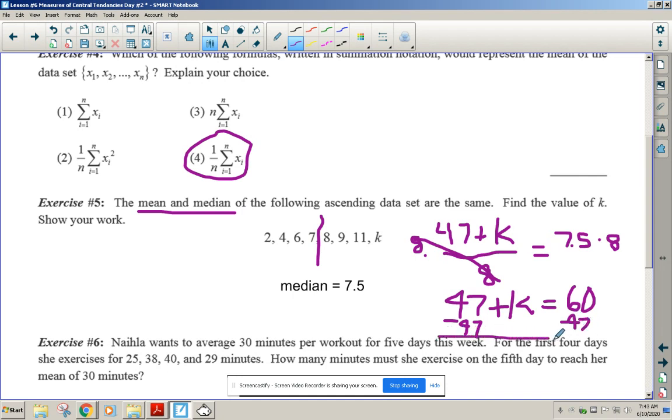And you get that K is equal to 13. So the value for K, because the mean has to be 7.5, means that K is equal to 13. That one wasn't that bad.